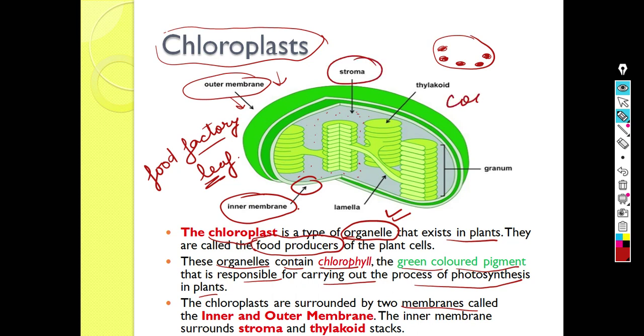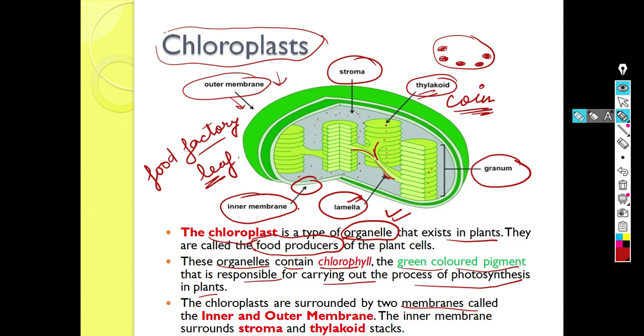Thylakoid, you can imagine like you are stacking some coins, one above another. So these are stacked structures like coins, and we call them thylakoid. And when we combine so many thylakoids together, what do we call them? We call them granum. Okay. And what is lamella? Lamella connects the thylakoids. Clear? So these are called lamella.